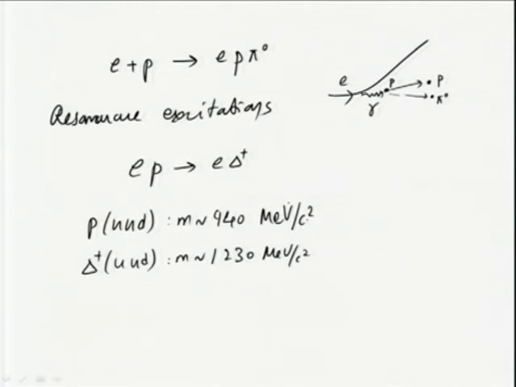Here when we say energy, it is the total energy including the energy equivalent of mass. Then of course, the delta plus can decay into a proton and a pion. So, this is one way to understand such resonance formations. If you look at the energy corresponding to this, you will see that it is indeed so.